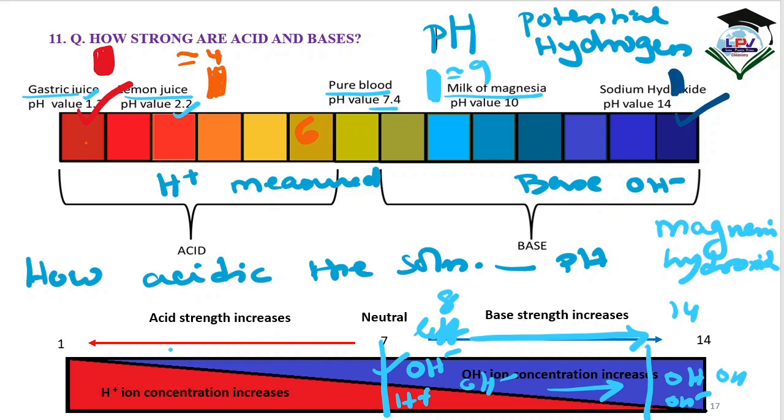Whereas if you see acid strength from 6 to 1, it gradually increases. The H plus ion is more towards 1 to 2. So acid strength increases from right to left and basic strength increases from left to right. Remember this, students.